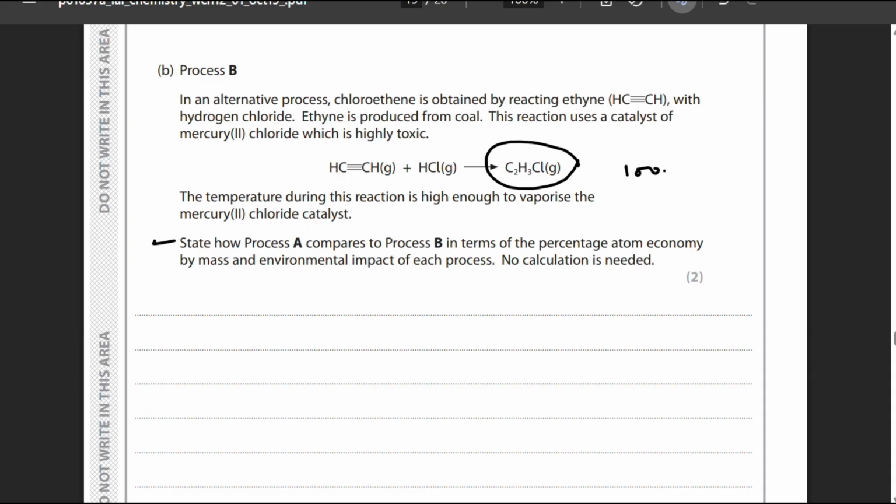Okay, so it means the atom economy here is 100%, because only the desired product is produced, no extra product is produced. Whereas the atom economy of the first process is 63.